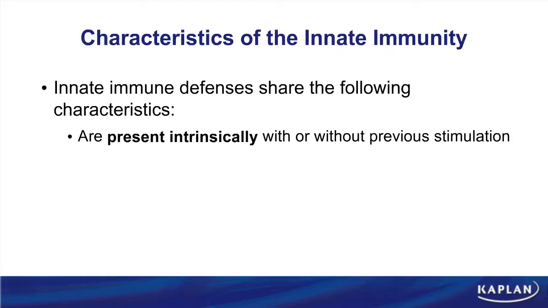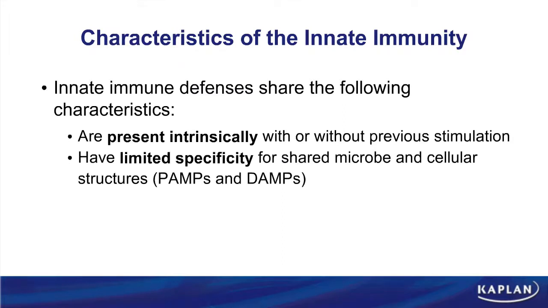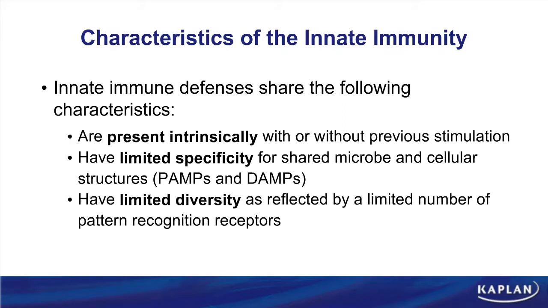The innate immune response does have limited specificity. It is only capable of recognizing shared patterns or structures among the different pathogens. Due to this limited specificity, you're going to also see limited diversity, as these cells also have a limited number of receptors that recognize these different patterns.